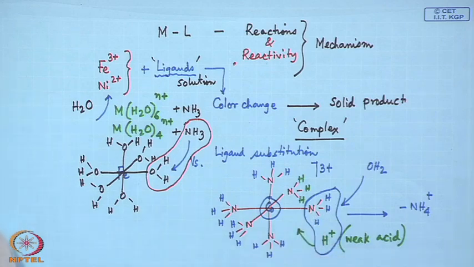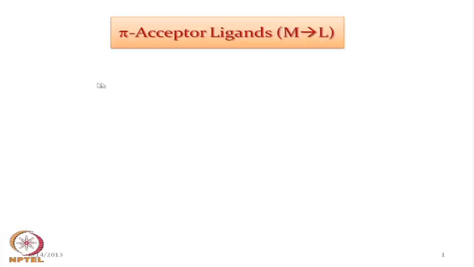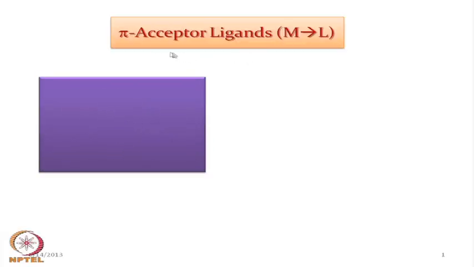So, the remaining part is the nature of these ligands. We have seen the pi acceptor ligands, because this will tell us about the nature of the metal-ligand bonding strength, how strong they are, and how quickly we can remove this ligand from the environment of this particular metal.